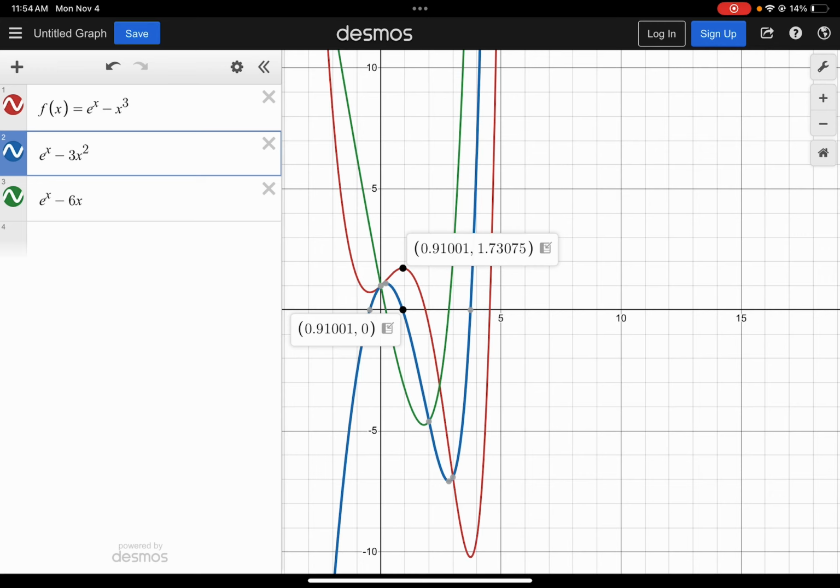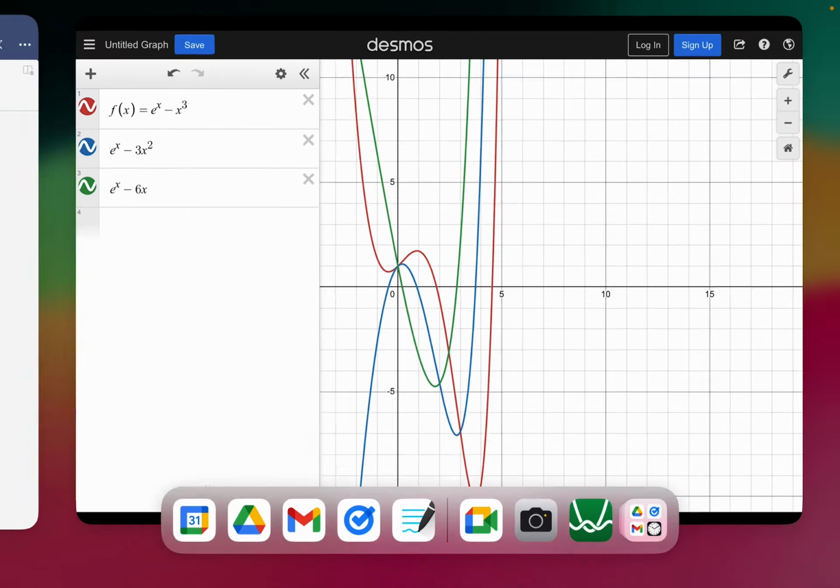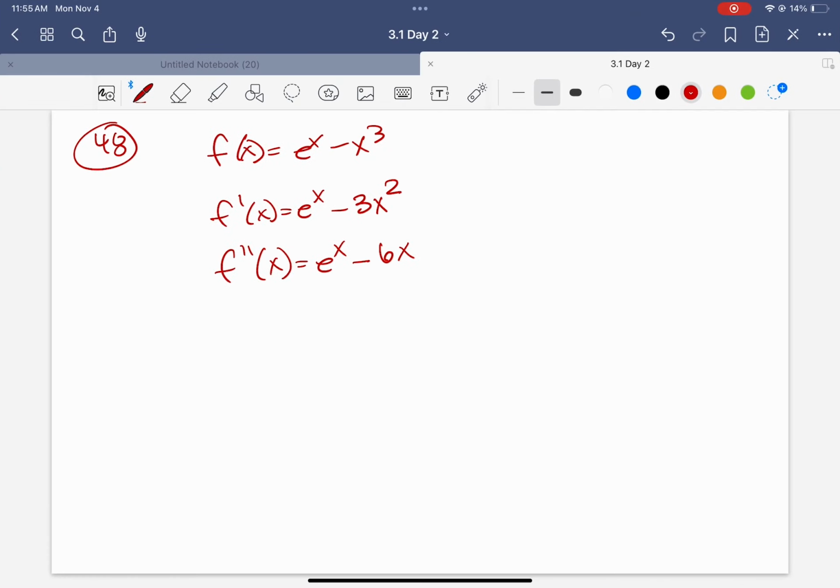And then where I have a 0 here, that's the first derivative, and the derivative of this, where it has a peak, this one has a 0. So yes, it matches up perfectly. So we're trying to make peaks and valleys and zeros match up to see if one function is the derivative of the other. So that's 48.